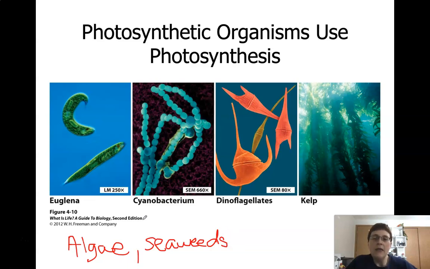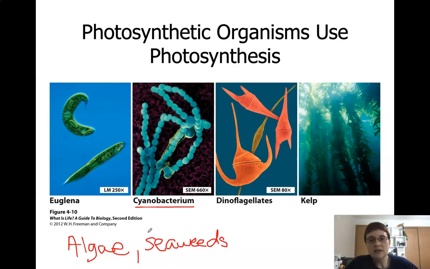Right. And then the last group are these guys right here. I'm not going to rewrite that one. They're called cyanobacterium. So there's a small group of bacteria that have the ability to do photosynthesis. Not all of them can, but just this small group. So these are the other kinds of organisms that can do photosynthesis.